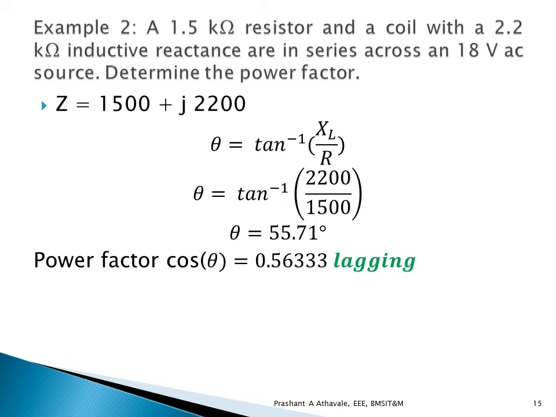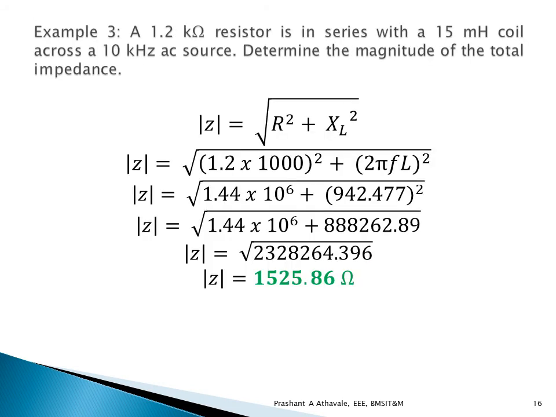If you follow this method, moving to the next example, here I have taken a 1.2 kilo ohm resistor in series with a 15 millihenry coil, and it is being connected across a 10 kilohertz AC source. All that has been asked is what is the magnitude of the total impedance.